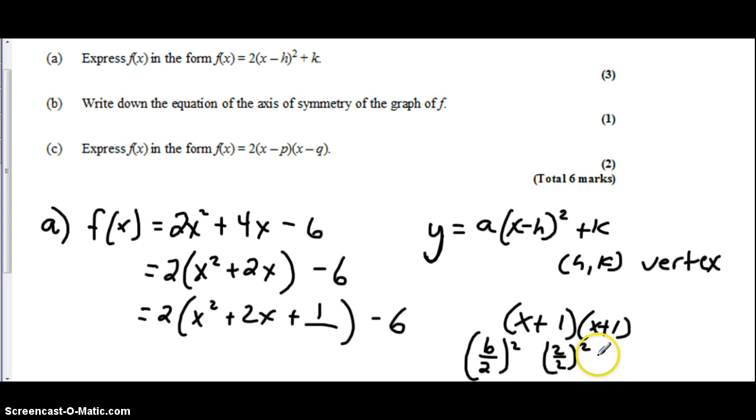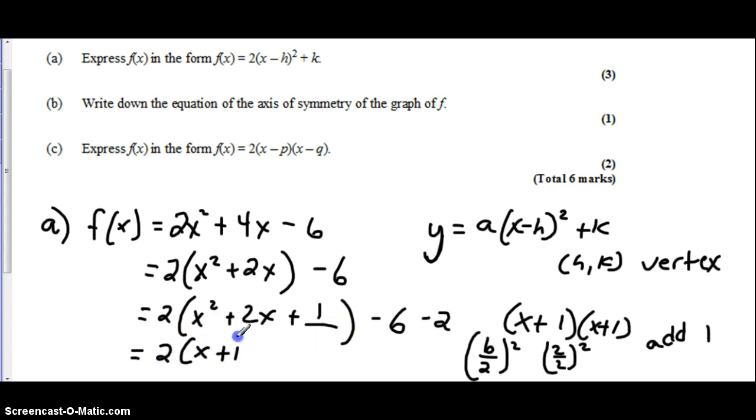So we're going to be adding 1 inside the parentheses to complete the square, and then we have to realize that we actually have to subtract 2 because we can't change the equation. This 1 is being multiplied by 2, so we'll have to subtract 2 when we add the 1 inside the parentheses.